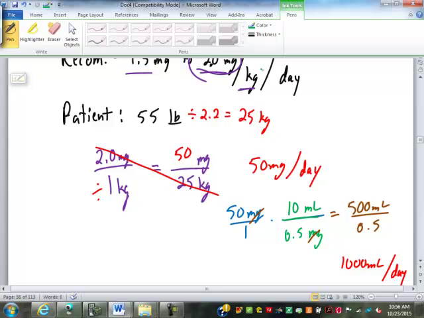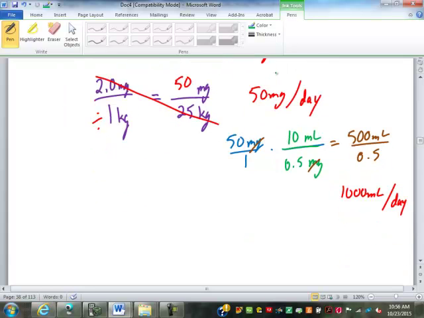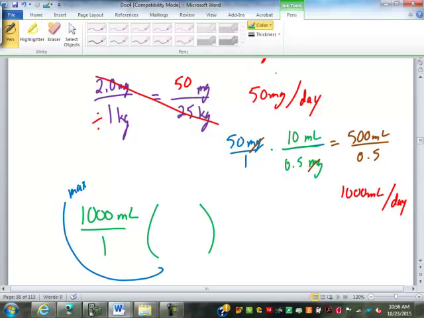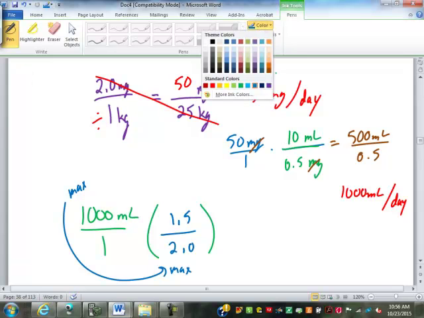Now there is a reason why I chose the 2.0, because in both of our other examples we started out with the minimum dosage, and I wanted to use the maximum dosage just so that I could do this. To do the titration here to the 1,000 milliliters, to convert that to how much that would be, this was the maximum, and we're trying to find the minimum. So since this was the max, we put the max on bottom, which would be the 2.0. On top then would be the 1.5, which is the minimum.